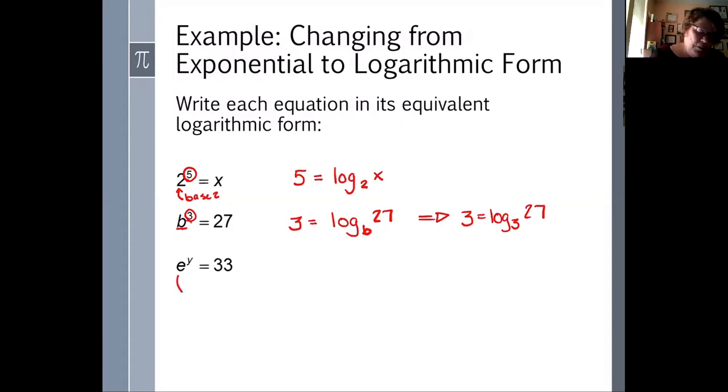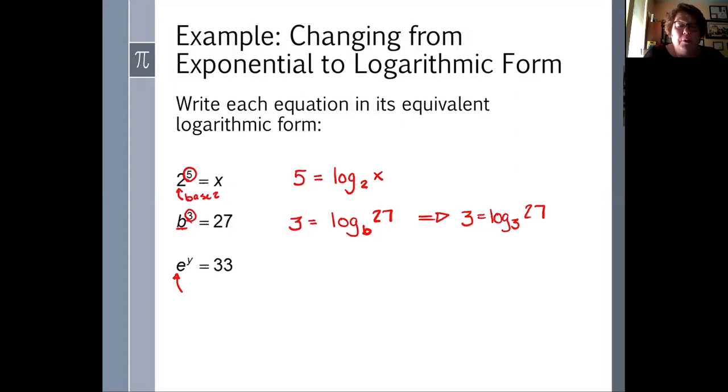Well, there's that number e. Remember that number e from the first section? That's that natural number. It's approximately 2.7. And the reason we gave that number a name, we called it e, is because it shows up a lot in exponential functions of natural phenomena.